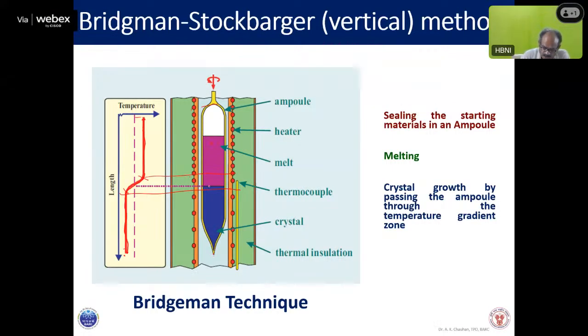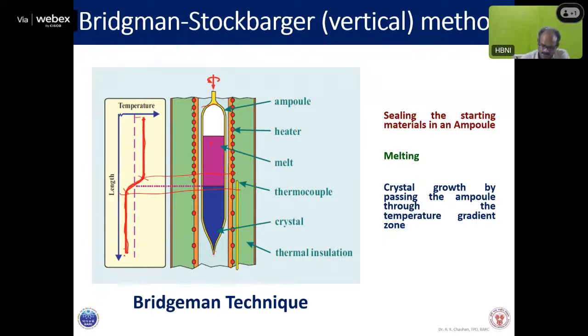When this point has come to this position, you see the shape of this crucible is made in such a way that a very small volume gets solidified, in contact with the crucible, and it can be a random solidification.